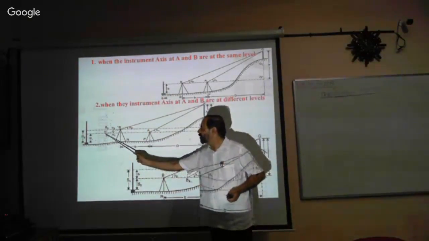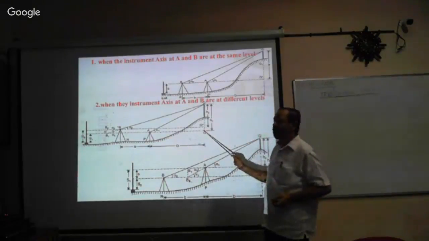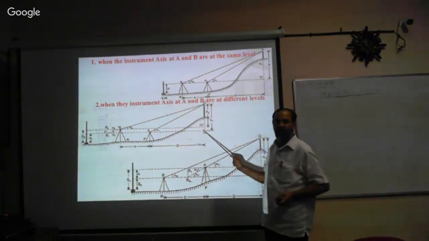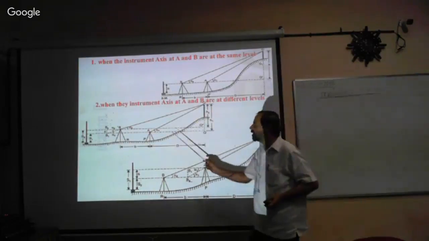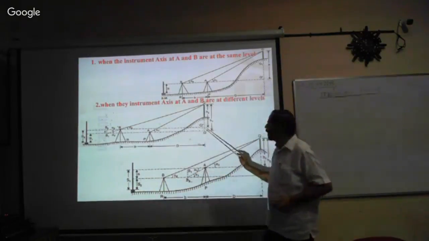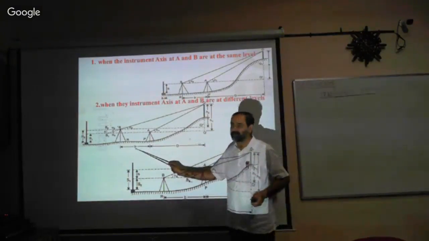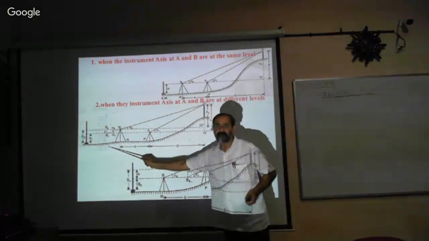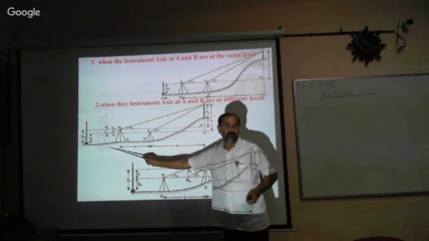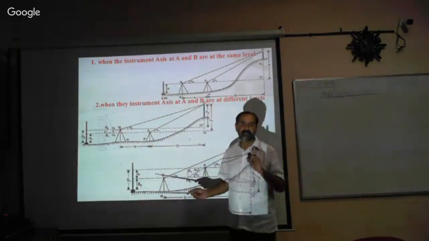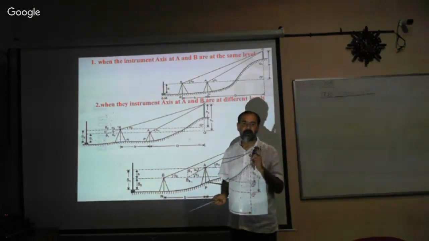Now, what is the distance from here to here? That is B1 to Q, D plus B plus S cot alpha 2, isn't it?